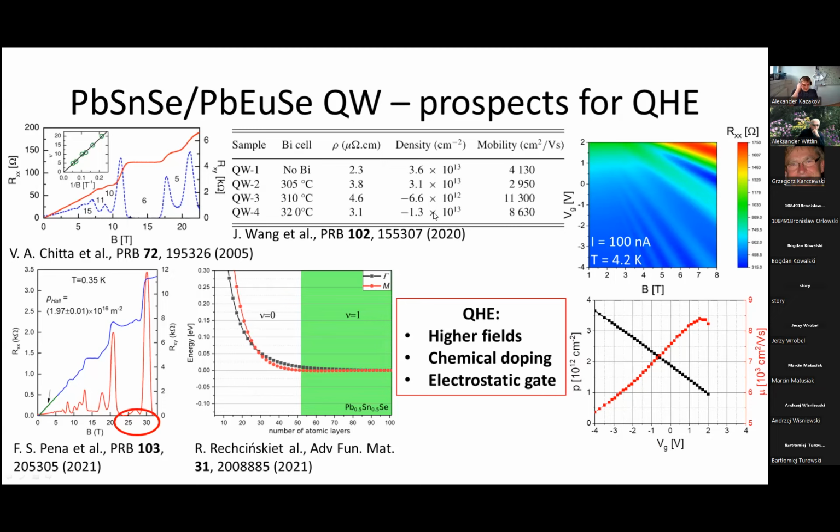And finally, one can employ electrostatic gating. These are the results I got from one of the quantum wells. So after achieving a pretty low carrier density by doping, one can further tune it with electrostatic gating.